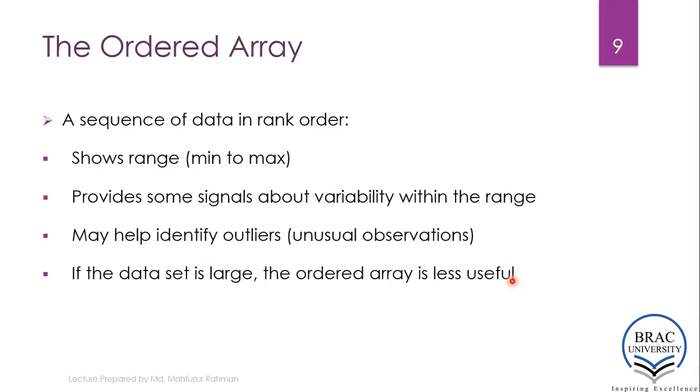But how to order the data and why do we need to order the data? It shows the range. If you order the data, you can easily find out the minimum value and the maximum value. It provides signals about variability within the range, and may help identify outliers. If you arrange a data set, you can easily find out if there are outliers or not. Yes, if the data set is too large, then the order may not be that useful.